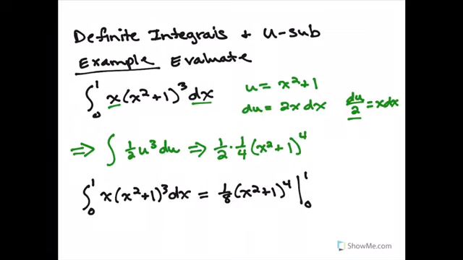When I plug a 1 in there, I'm going to get 1/8 times 2 to the 4th. When I plug a 0 in there, I get minus 1/8 times 1 to the 4th, which gives me 15 over 8.